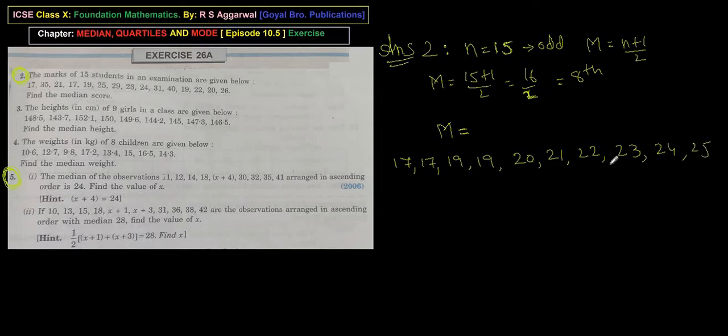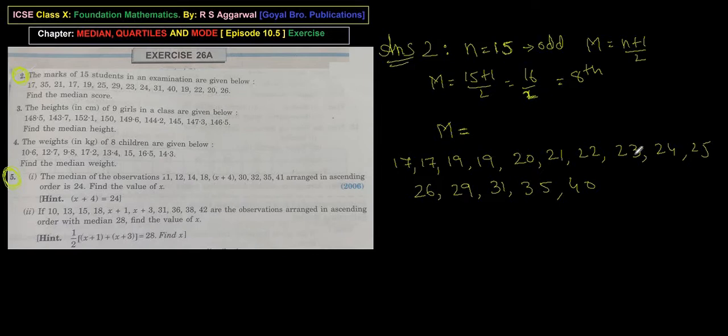After 25, which number do you come across? Yes, 26. Then 29, 29, then 31, 35 and 40.